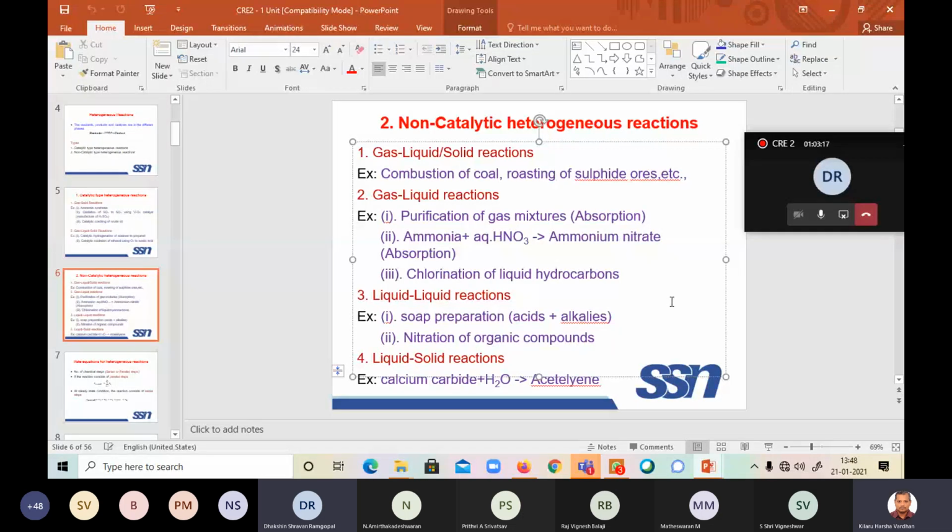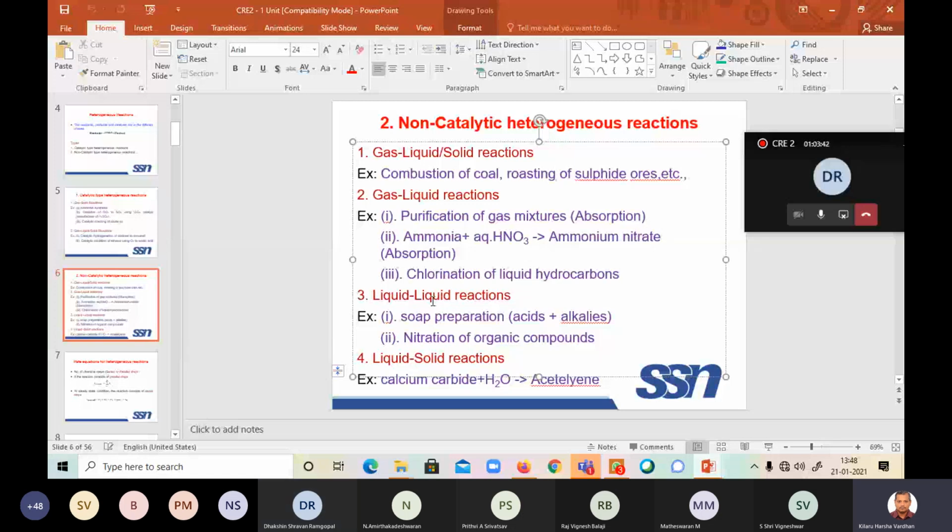It is not happening in presence of a catalyst. The product which is coming will be a solid. Two liquids are getting reacted to give you a solid product.